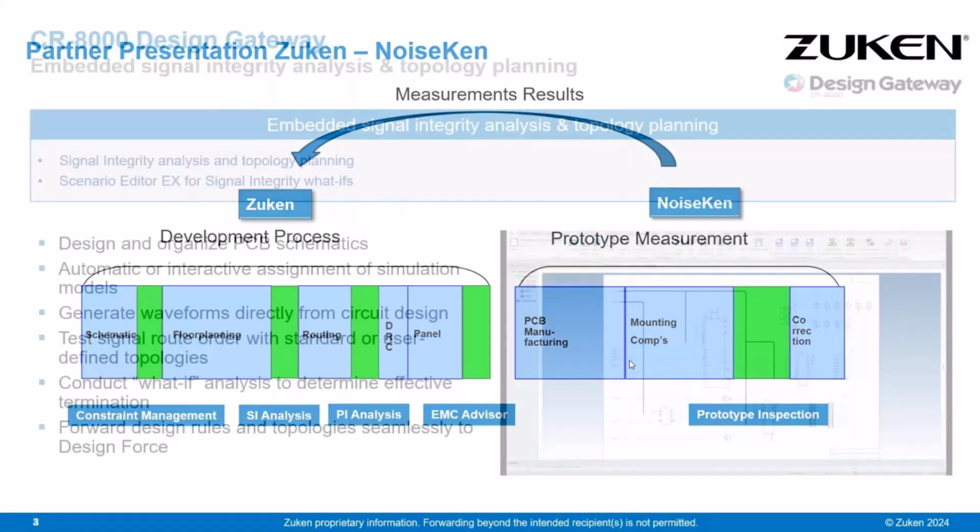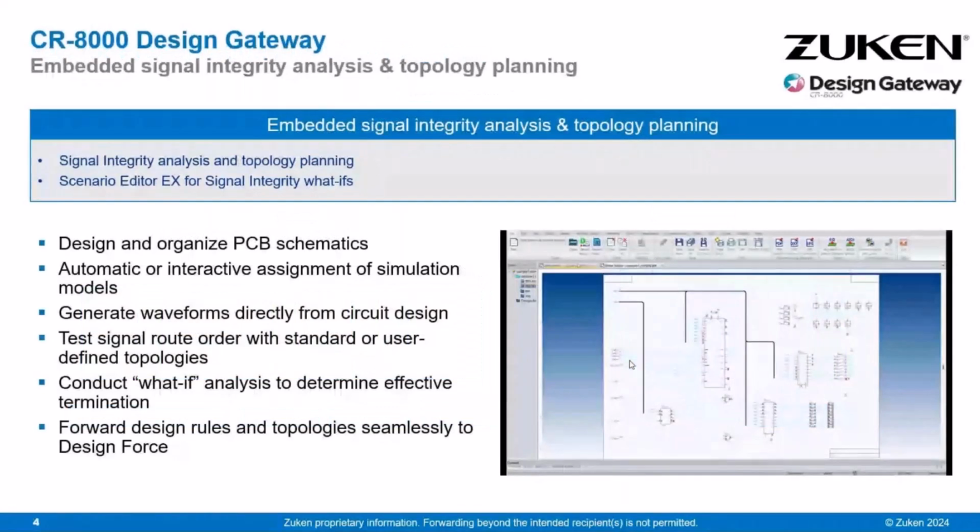Now let's look at the design gateway with CR-8000. This tool allows us to design and organize PCB schematics efficiently. We can assign simulation models automatically or interactively and generate waveforms directly from the circuit design, helping us understand the behavior of signals early in the design process. In addition to that, standard or custom topologies can be set for signal flows.